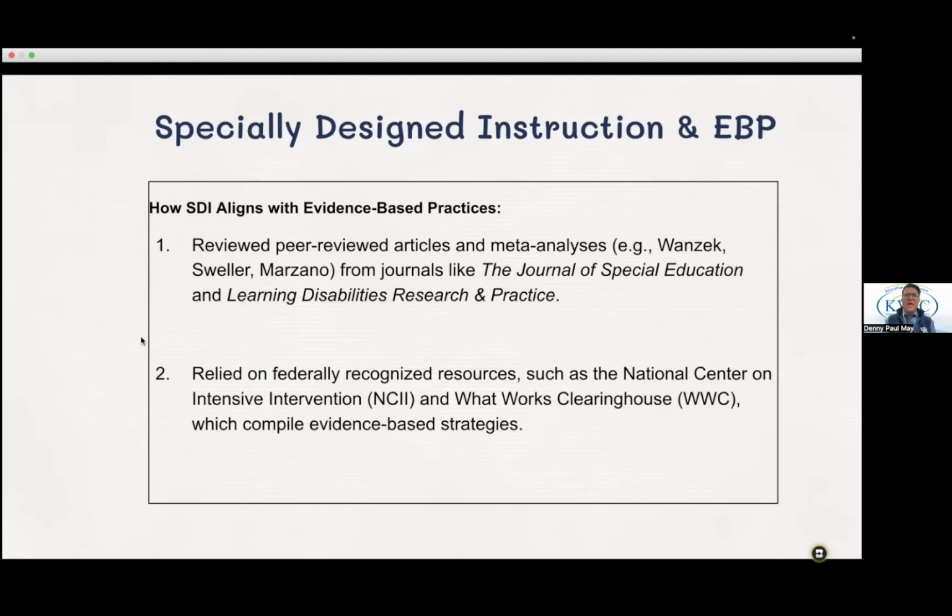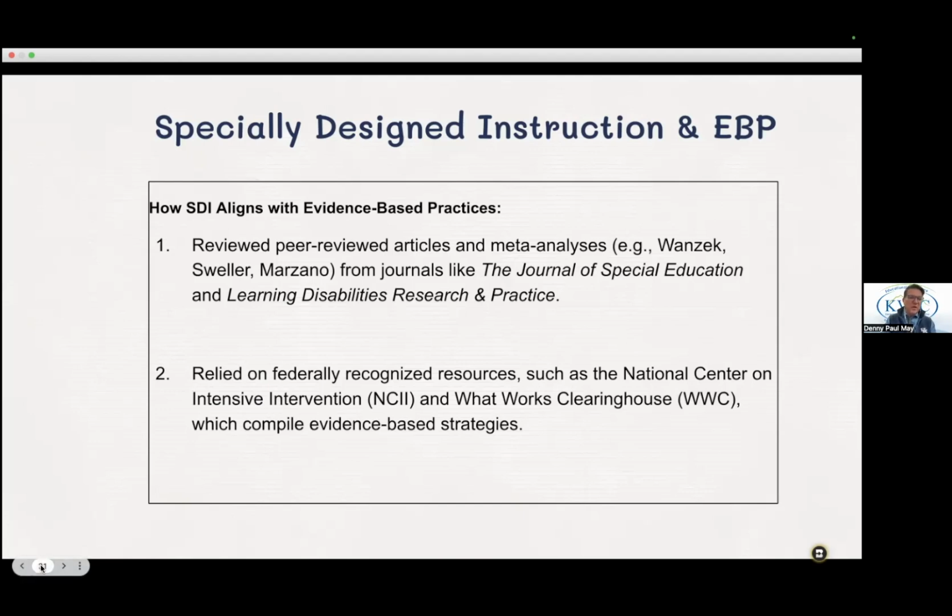So we need to be able to make sure that what we're using works. We know explicit instruction works. We know that tons of vocabulary instruction works. We know that breaking down skills into manageable parts and chunking works. We know those things work, but where do we get that? What's our research base for that? And being able to say that and being able to show that.